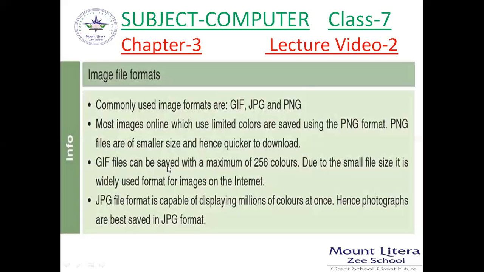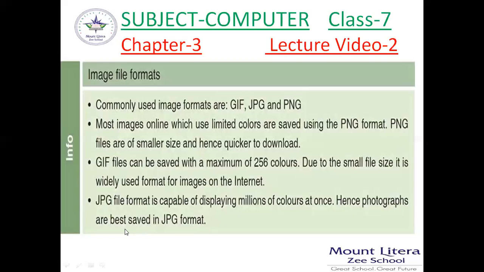GIF files can be saved with a maximum of 256 colors. Due to a small file size, it is a widely used format for images on the internet. JPG file format is capable of displaying millions of colors at once.